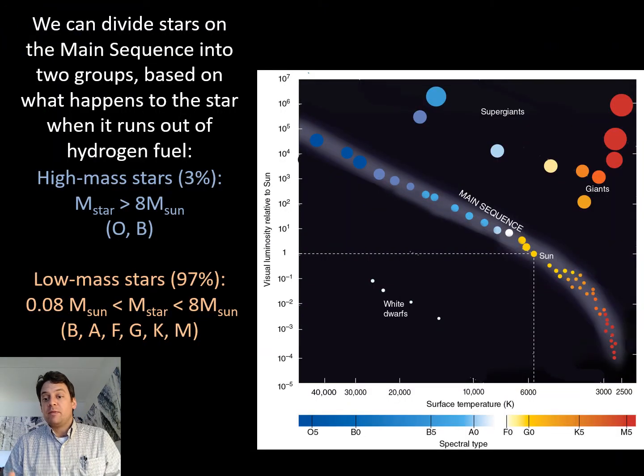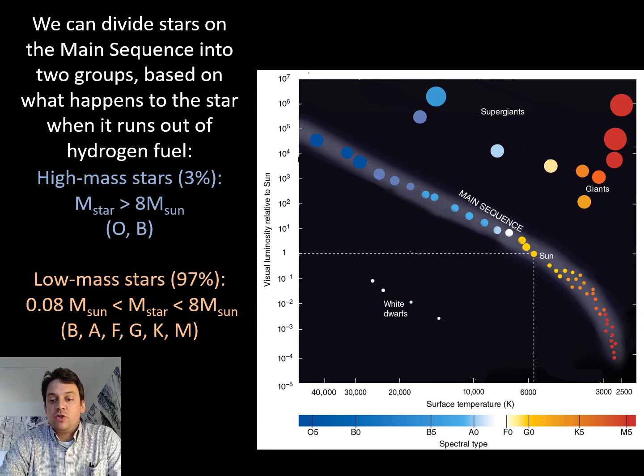So you've seen this slide before, but it really sets the stage for what we're going to talk about today and during the next lecture. And the point is that you can divide the main sequence into 2 main groups, by no means equal, right? As I've said, 97% of the stars are low mass stars. But this other 3% are what we're talking about now.